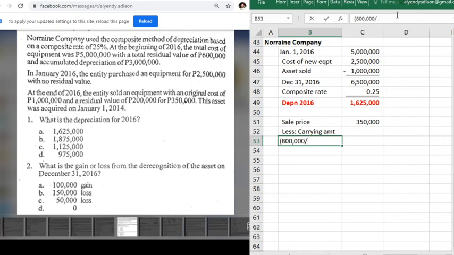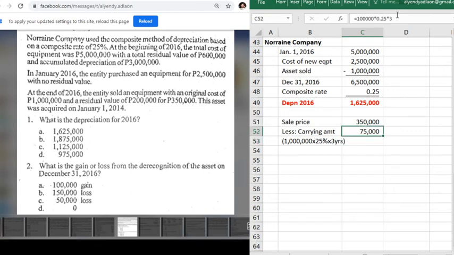Oh, sorry. There is no number of years because this is the composite method. So what we are going to do is simply multiply 1 million multiplied by 25%. And now, since the equipment is 3 years old, times 3 years. So 1 million multiplied by 25% multiplied by 3.